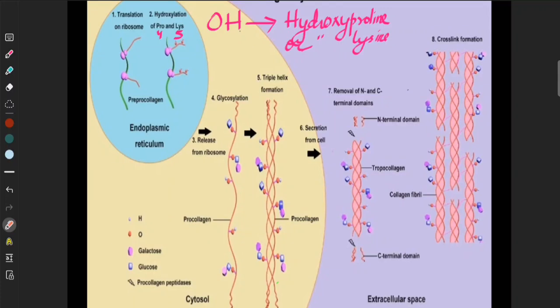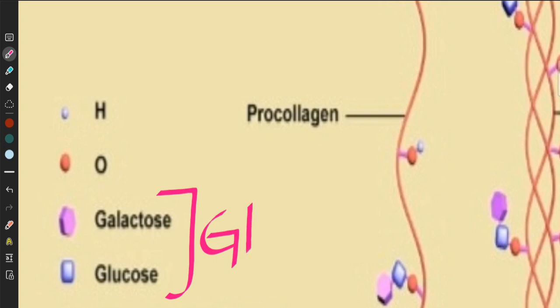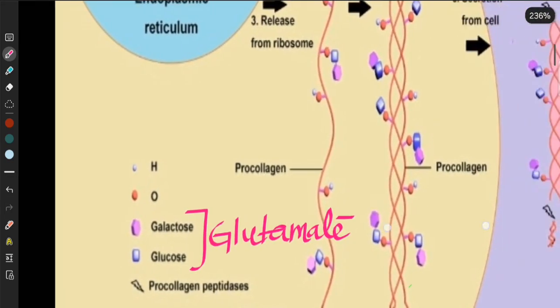The sugar moieties would be galactose or glucose. And if I have to tell you on which amino acid it gets attached, that means it's glutamate. Glutamate is an amino acid which has a carboxylic acid in its R group, right? So this is the one, glutamate.